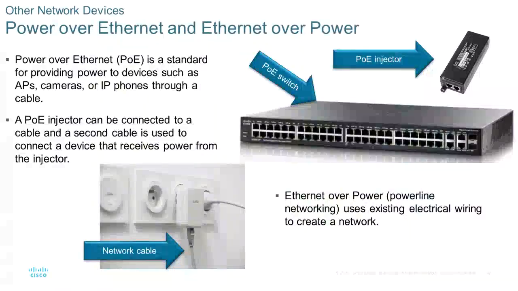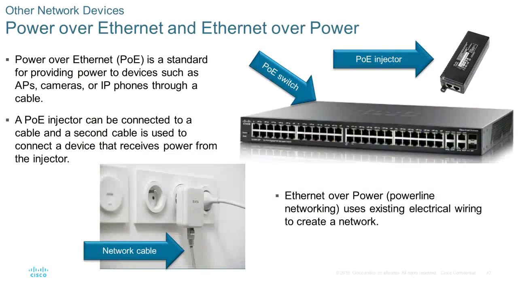Okay, power over Ethernet is where we supply power to the device via the cable. For example, our wireless access point needs power supply for the transmitters. They generate basically 48 volts of power required.